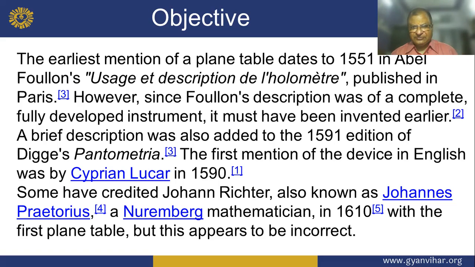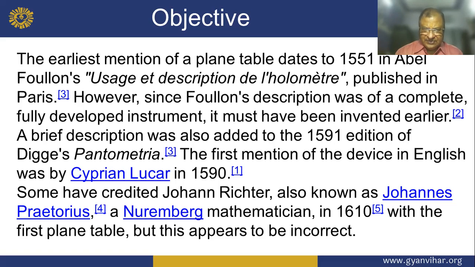A brief description was added in 1591, in an addition to the Digges Pantometria. The first mention of the device in English was by Cyprian Lucar in 1590.